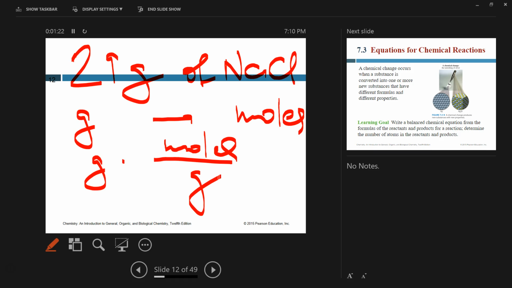Does that make sense? So you need to find out how many grams 1 mole weighs. You need to find a molar mass and then flip it upside down. It's as simple as it can be.